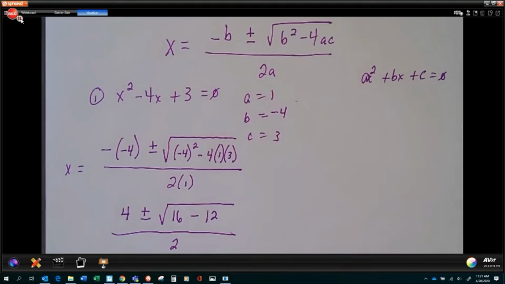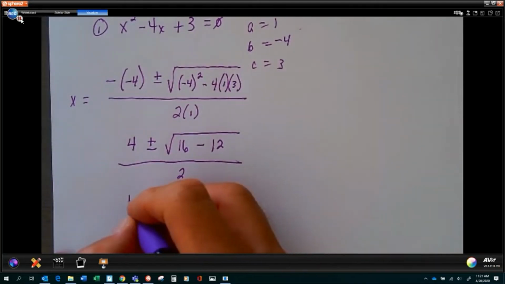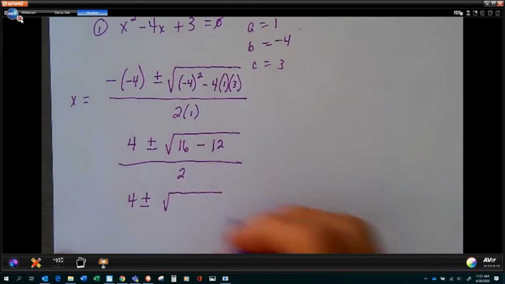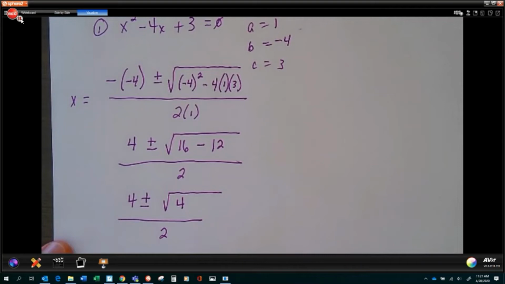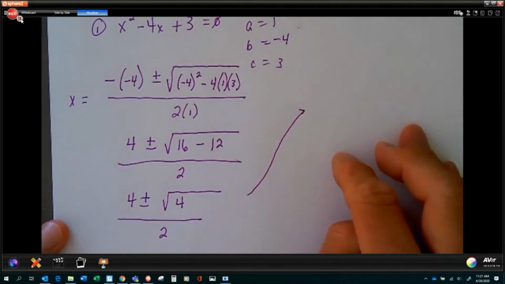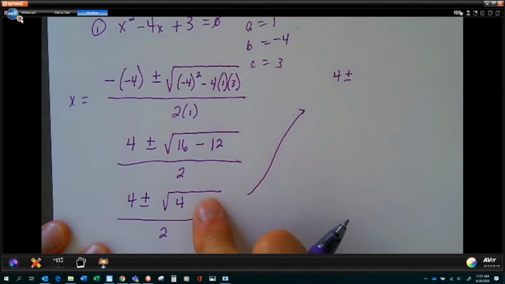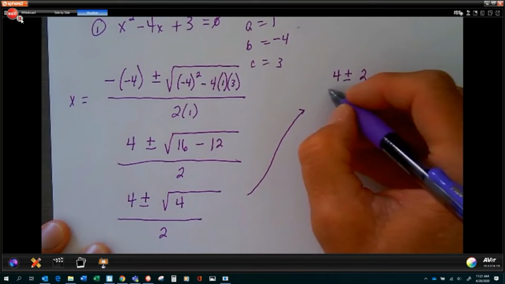Continuing to simplify, we have 4 plus or minus the square root of 16 minus 12, which gives us 4, all over 2. At this point, I'm just going to move up on the paper so we can see all our work at the same time. So 4 plus or minus, now the square root of 4 is 2, so I write my 2 there, all divided by 2.